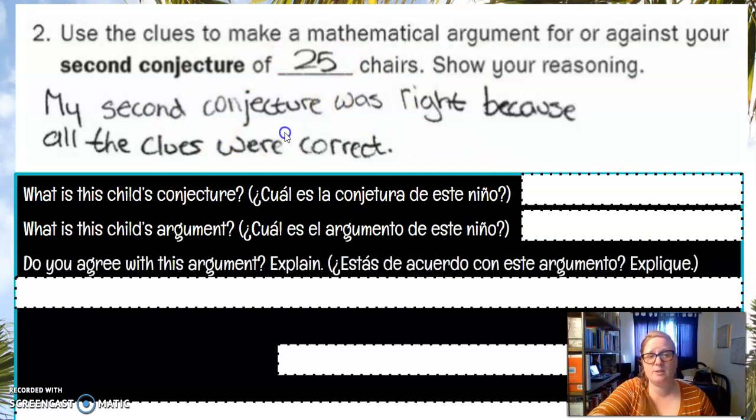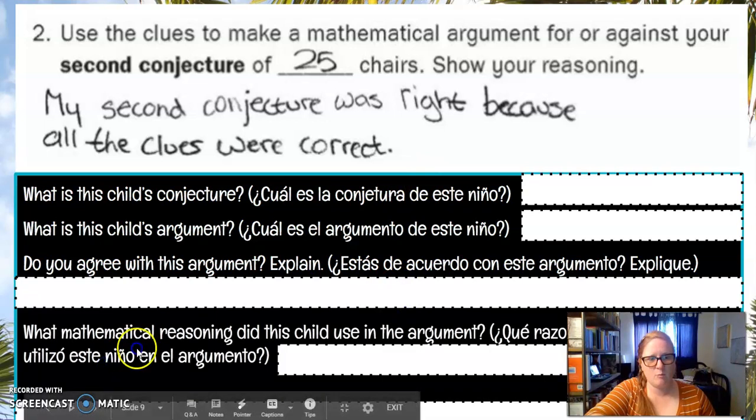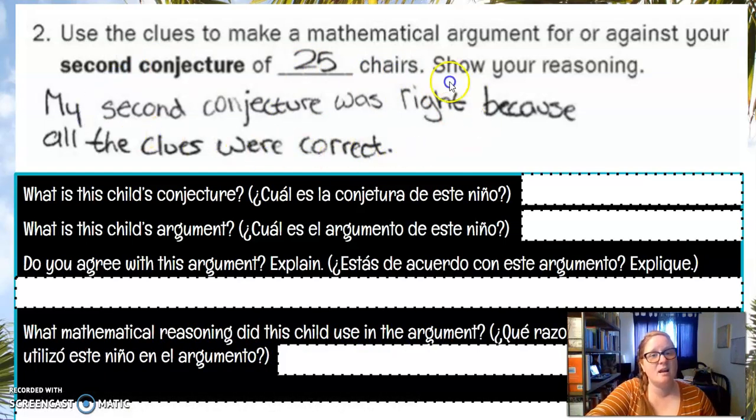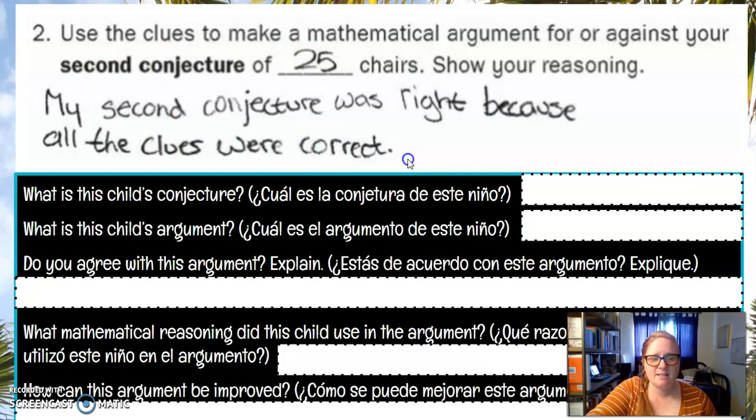Do you agree with their argument? And explain, why do you agree? Why do you disagree with their argument? What mathematical reasoning did this child use in their argument? Is there mathematical reasoning here? How can this argument be improved?